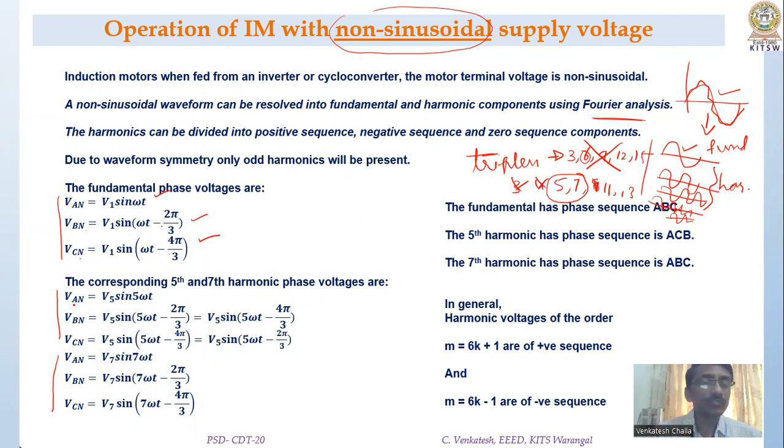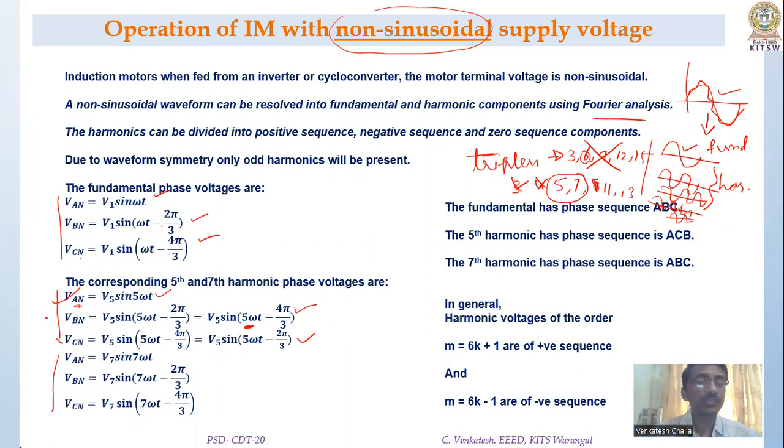For the fifth harmonic component, VAN is at 0 degrees, VBN is lagging by 240 degrees, and VCN by 120 degrees. So the sequence will become what?